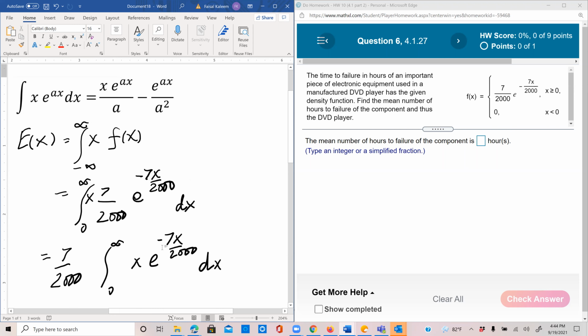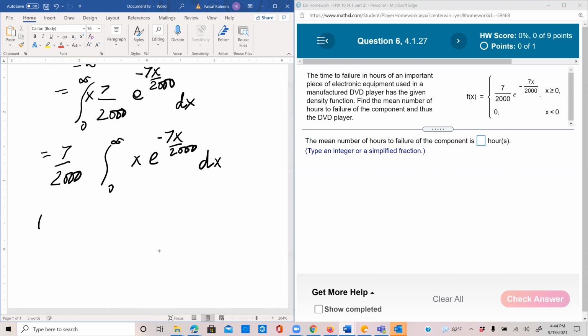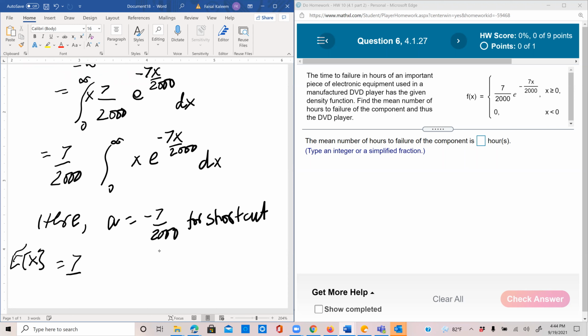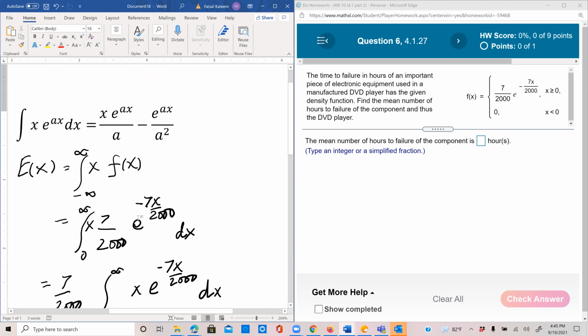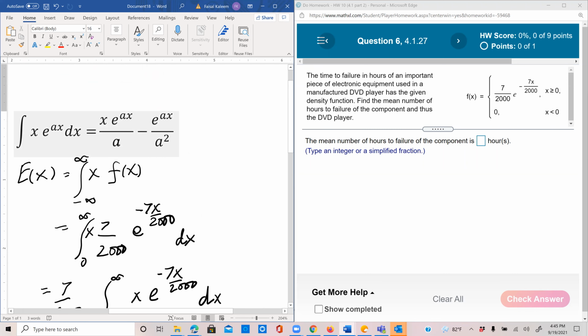So in this case, a is equal to negative 7 over 2000 for the shortcut. So E of x would be this outside 7 over 2000, and now we apply the shortcut. Shortcut says x e^(ax) over a.